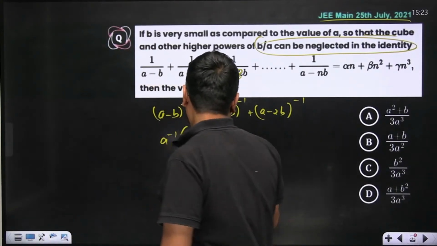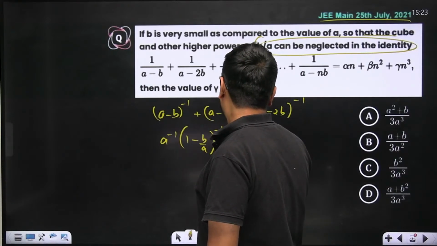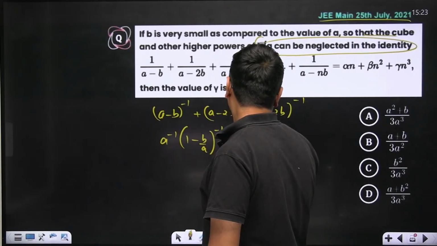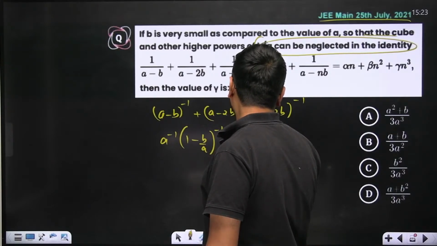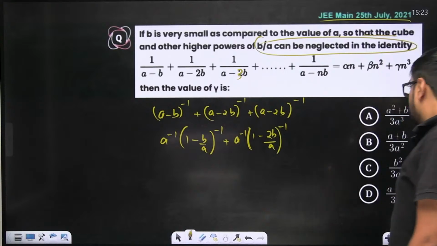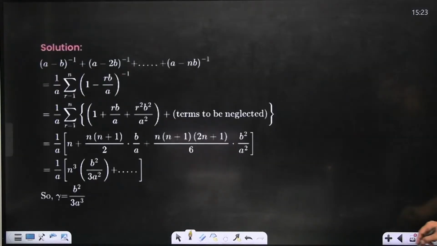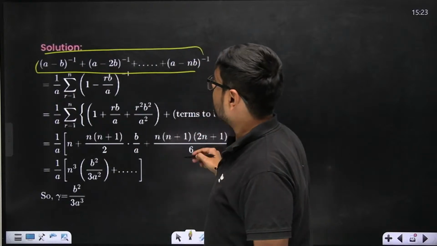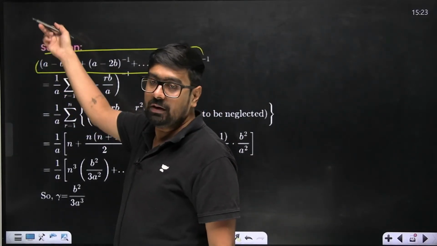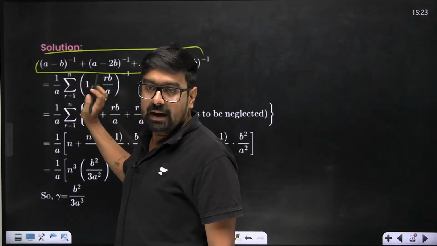Similarly, a to the power -1 times (1 minus 2b by a) to the power -1 will be expanded. So 1 by a is taken common.